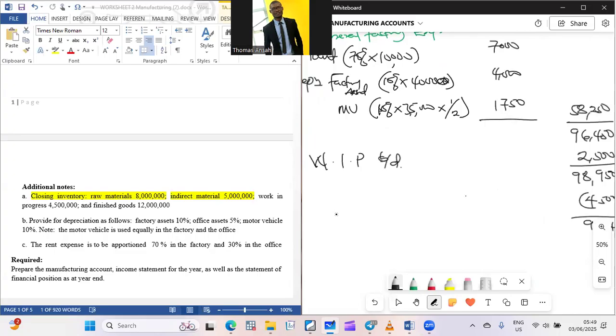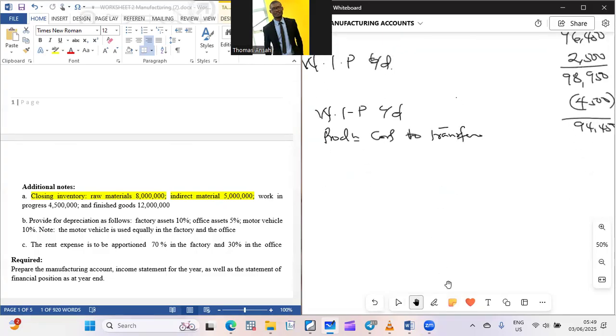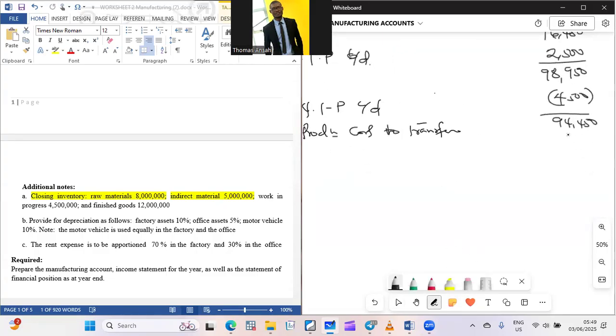So this one was WIP carried down, right? And this is production cost to transfer. So now let's come to the trading aspect. If you did the heading like the first one, then it means you have to do the trading account or the income statement.